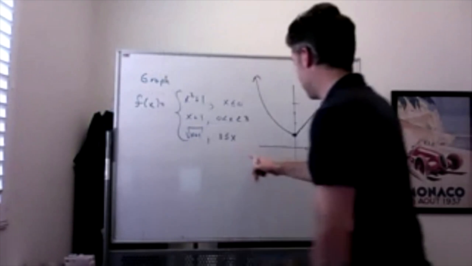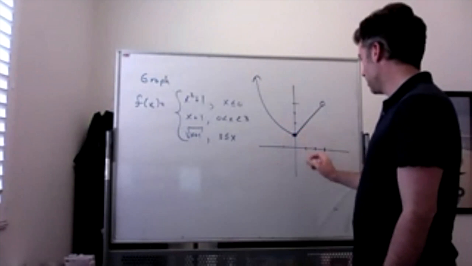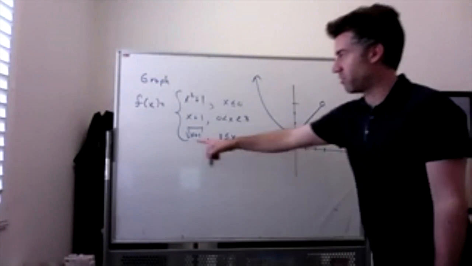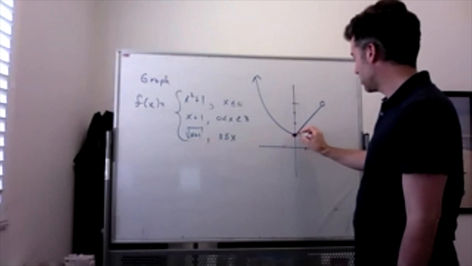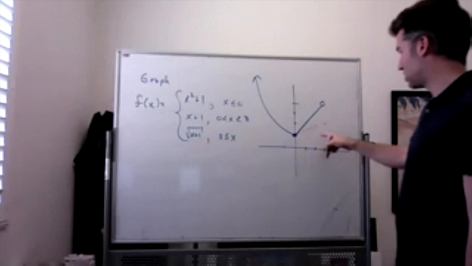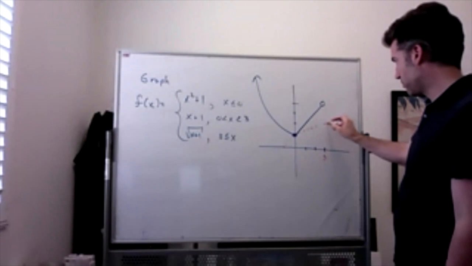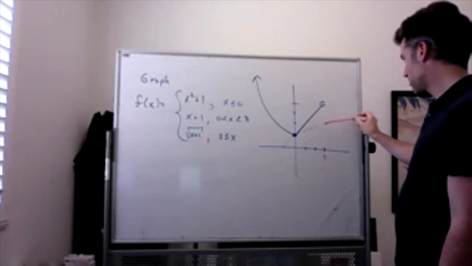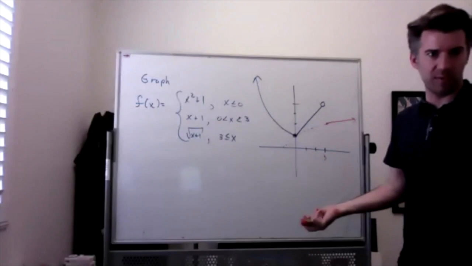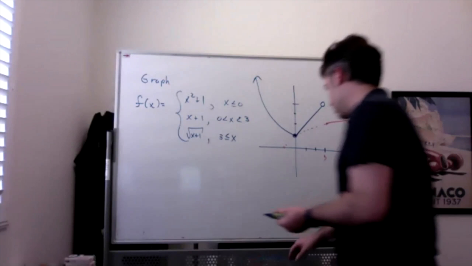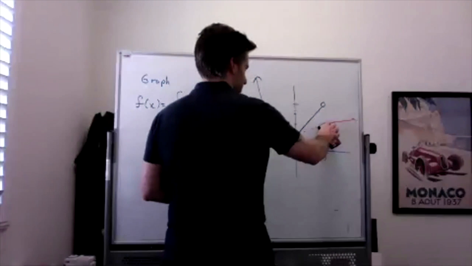And then when x is 0, I would get 1. And then when x is 3, I would get 3 plus 1 is 4, square root of 4 is 2. So it would look like this, but it's not actually starting until I get to 3. It looks kind of straight the way I've drawn it, but it's supposed to be more curvy. And we don't want any of this.